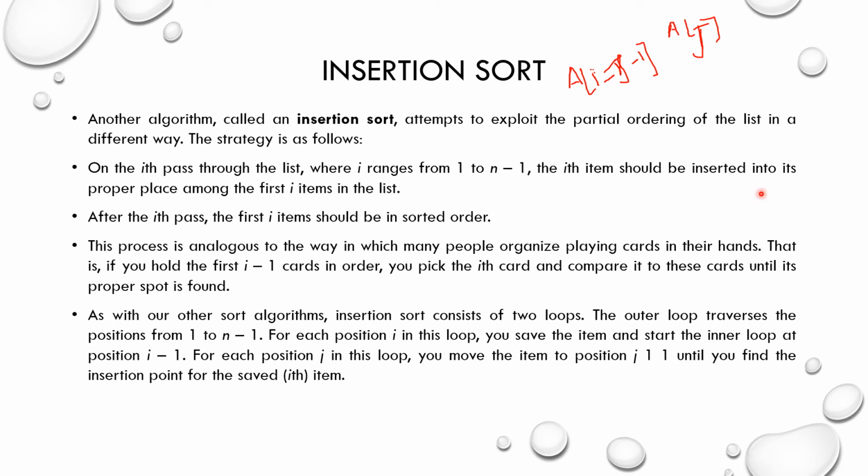Now just see here, another algorithm called insertion sort attempts to exploit the partial ordering of the list in a different way. The strategy is as follows. On the ith pass through the list, where i ranges from 1 to n minus 1, the ith item should be inserted into its proper place among the first i items in the list.